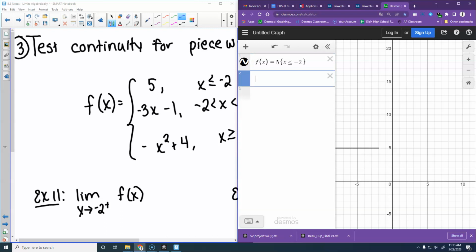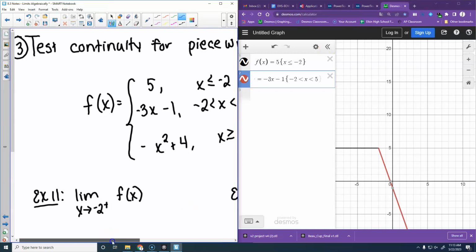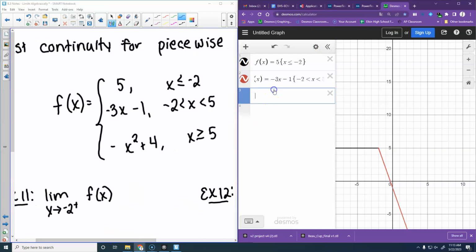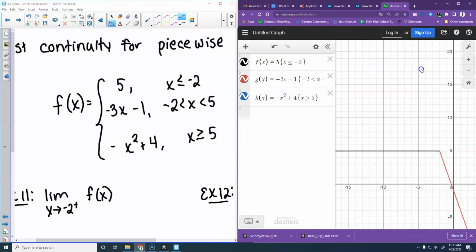It won't put the dots there, but now, these you'll be asked to do without a calculator, so you won't be able to type this into Desmos to tell what's going on.